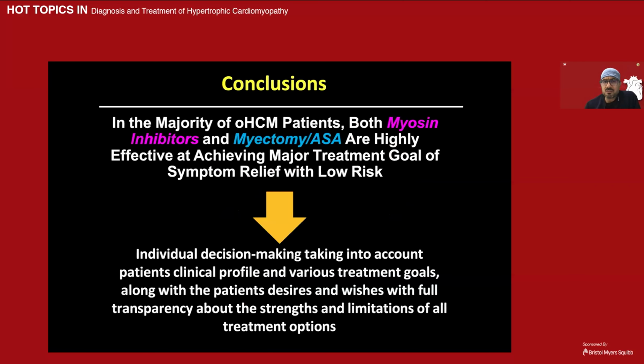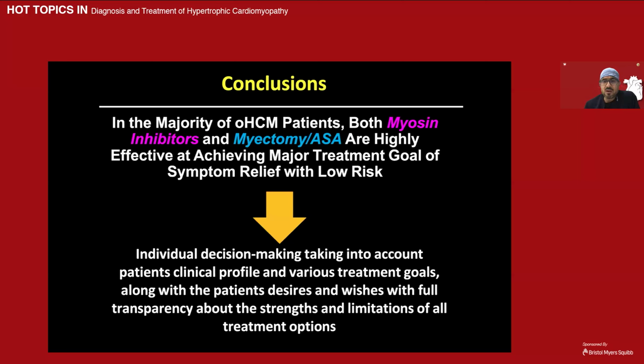So in conclusion, for the majority of those patients with obstructive hypertrophic cardiomyopathy, I think myosin inhibitors will be first line in most patients, not all of them. You're still going to have some patients who, despite myosin inhibitors, based on anatomy, response, and residual gradient, will still be candidates for septal reduction surgery.